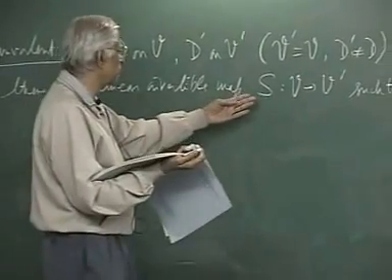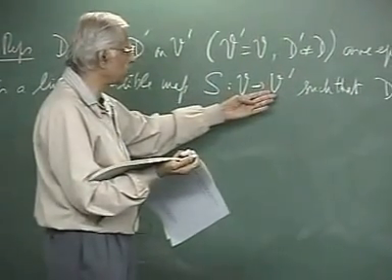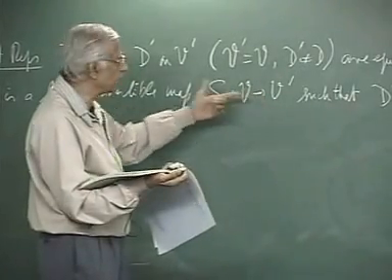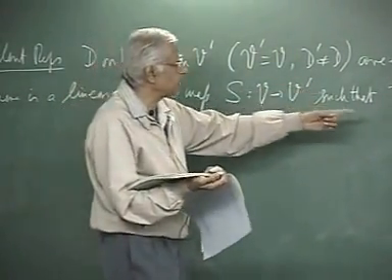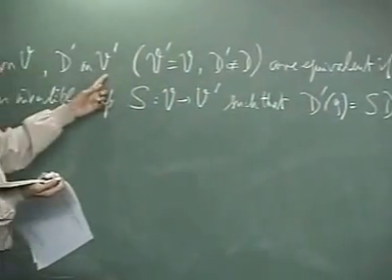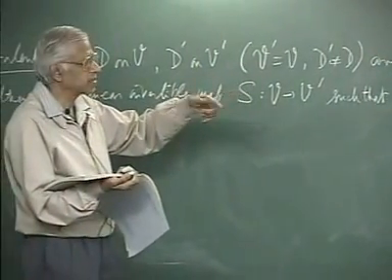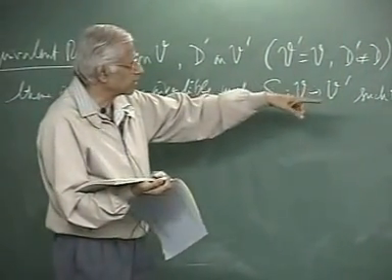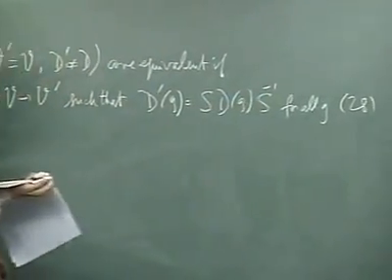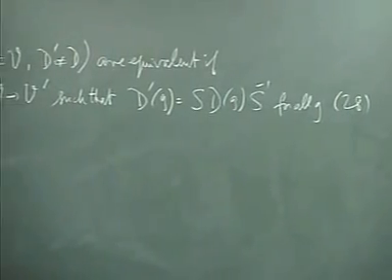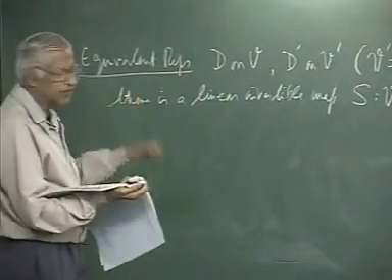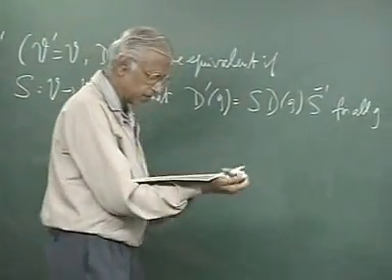S is a mapping which takes vectors in V into vectors in V prime. So, in which direction does S inverse operate? V prime to V. Look at the left hand side of this equation. D prime by definition is to be applied to vectors in V prime. D on the other hand is to be applied to vectors in V, and you can check that the two sides are consistent. What can the right hand side be applied to? V prime. S inverse will bring you back to V, D will take V to V, and then the final S will bring you back to V prime. So, this equation is perfectly sensible.